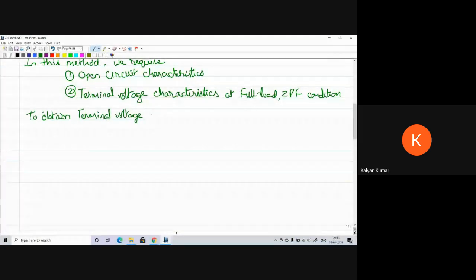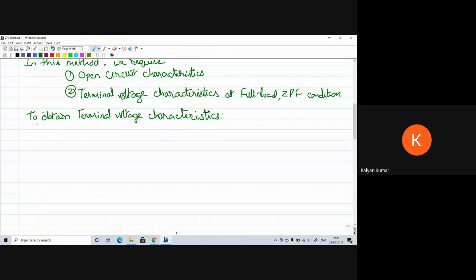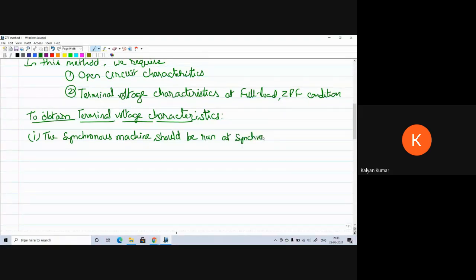The procedure to obtain terminal voltage characteristics is, the first step is the synchronous machine should be run at synchronous speed.